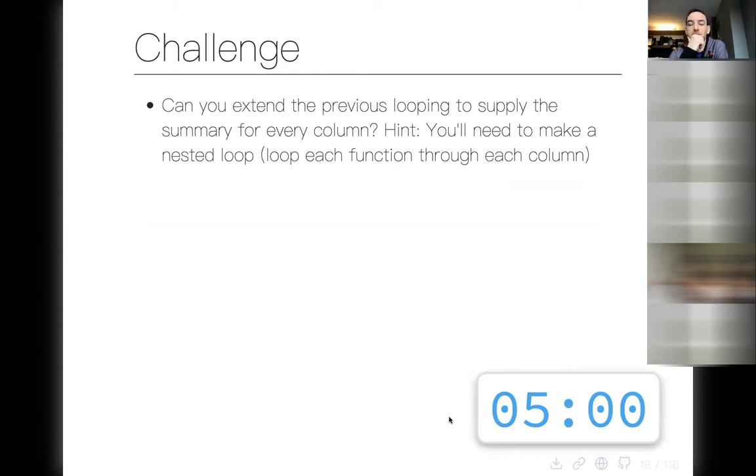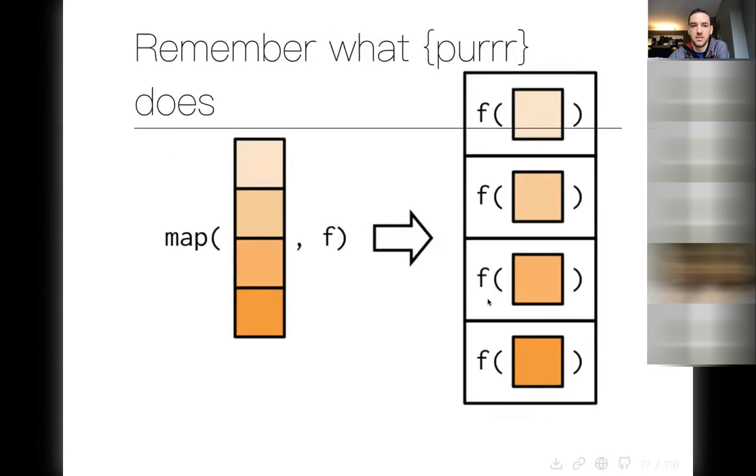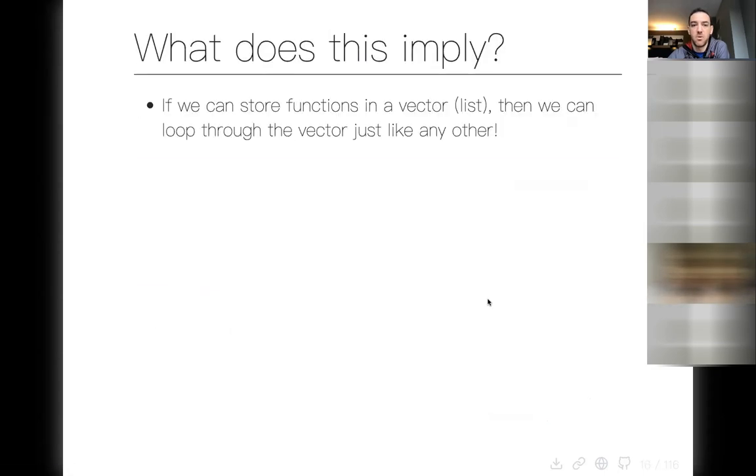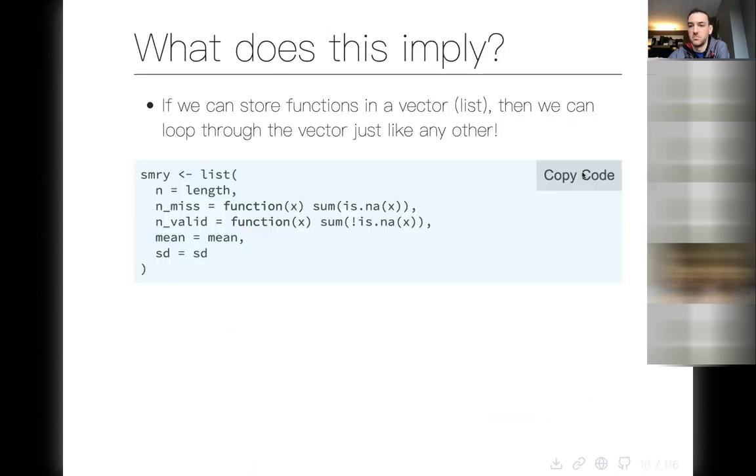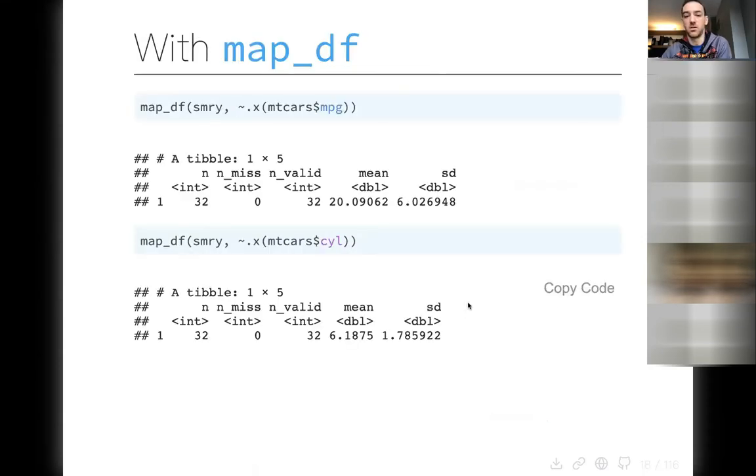So let's see, do we have time to do this? All right, let's go ahead and try it. Okay, so we'll go for 5 minutes. I'm going to back up here just a little bit. Basically, I want you to copy this code. Okay, and then I would like you to try to build it for mtcars. Okay, mtcars has all numeric columns, so it shouldn't be a problem.